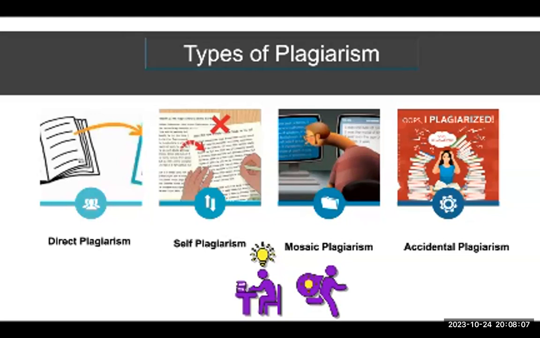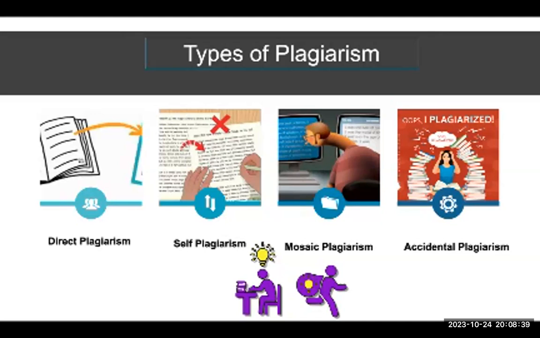Self-plagiarism also applies to submitting the same piece of work for assignments in different classes without previous permission from both professors. So this is self-plagiarism: you are presenting your own work in multiple places or multiple classes, or as a researcher, you are presenting your work in different journals, or sending the same work to different conferences. So you have to avoid this one as well.